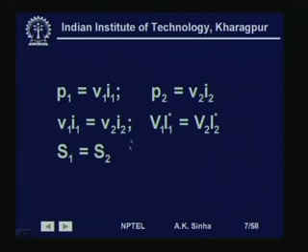That is, we say S1 is equal to S2, where S1 is the complex input power, which is equal to P1 plus jQ1, and S2 is equal to P2 plus jQ2, where P1 is the input real power, Q1 is the reactive power from the input side, and P2 is the output real power and Q2 is the output reactive power.